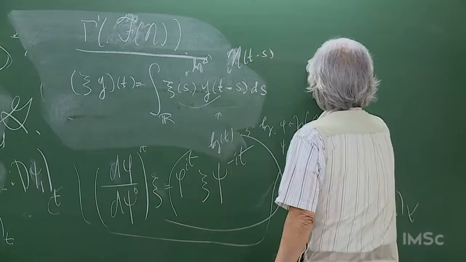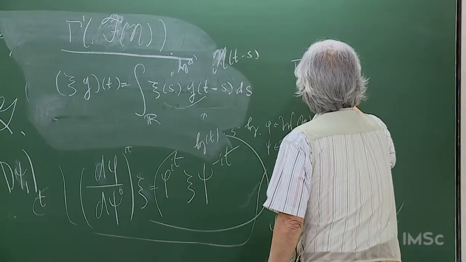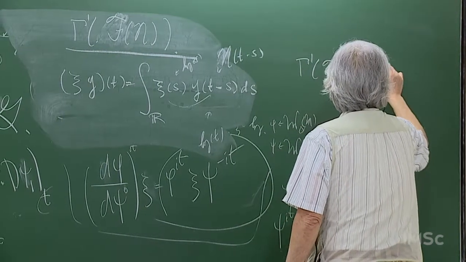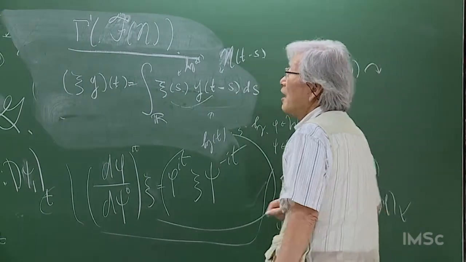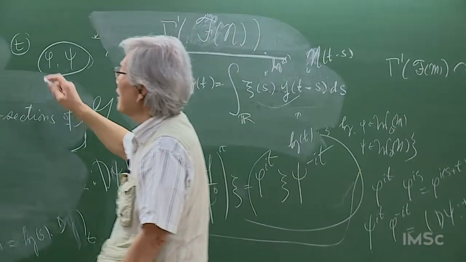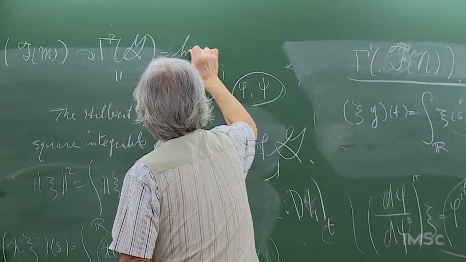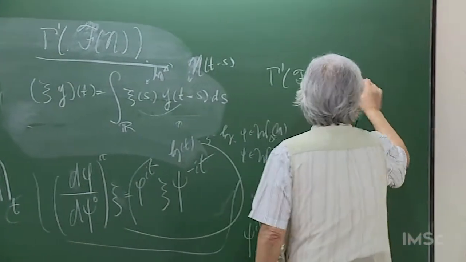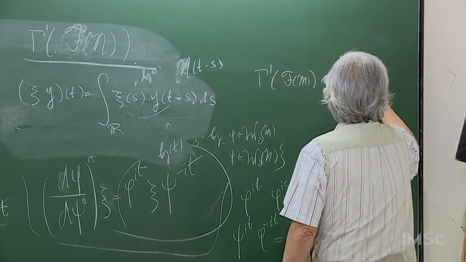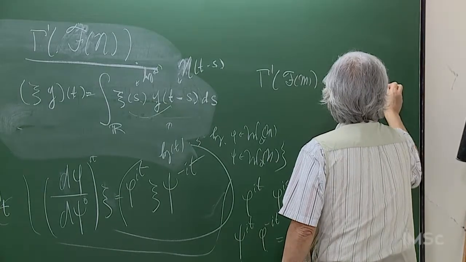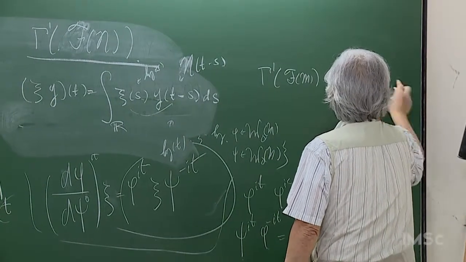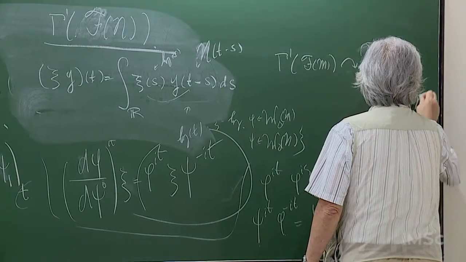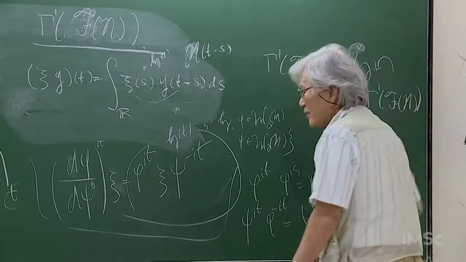And so gamma 1 of F of M acts on this gamma 2 G space, this one, the Hilbert space H tilde, from the left, and gamma 1 of F of N acts from the right.